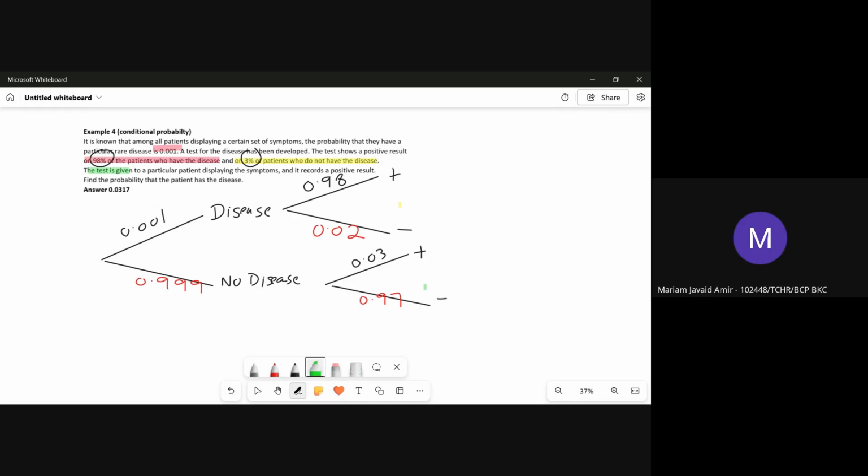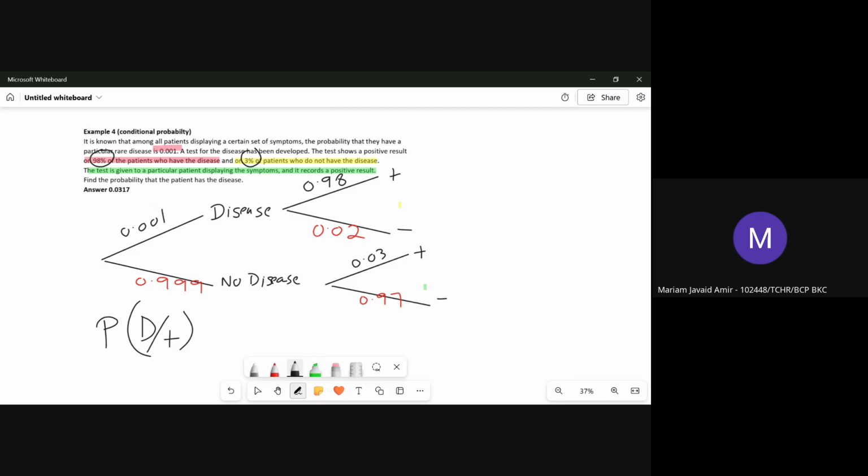The test is given to a particular patient displaying the symptoms and it records a positive result. That means given positive, आ गया कि result positive आया है, find the probability that the patient has the disease. तो हमने find करनी है probability disease given positive result.